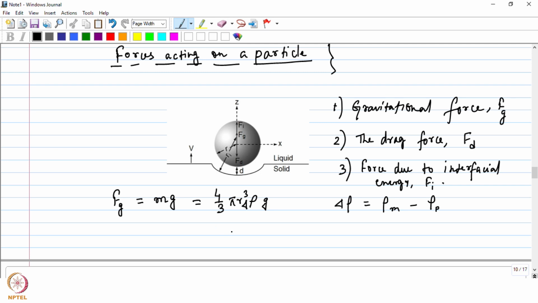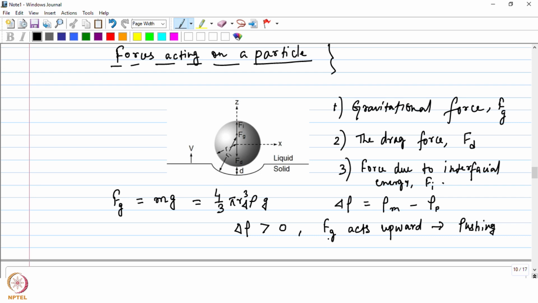So from here you can see if delta rho is greater than 0, that means the density of the metal is more than the density of the particles, then Fg will act upward and will lead to pushing of the particles.